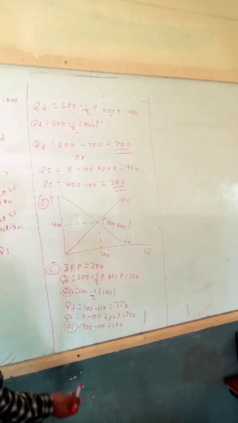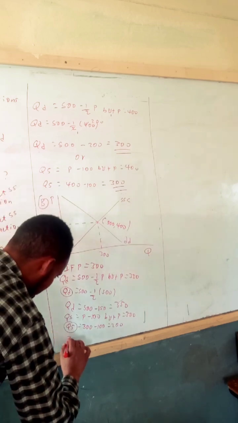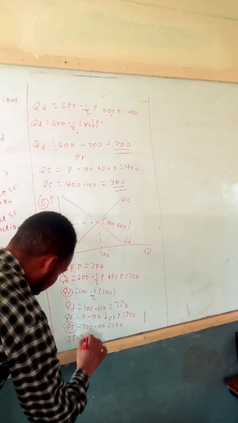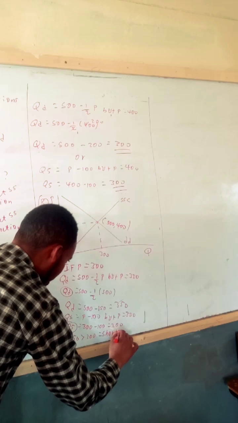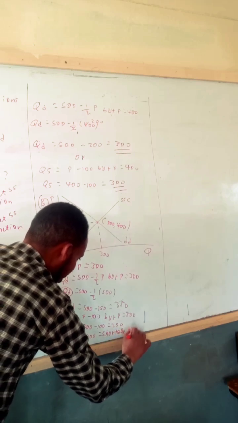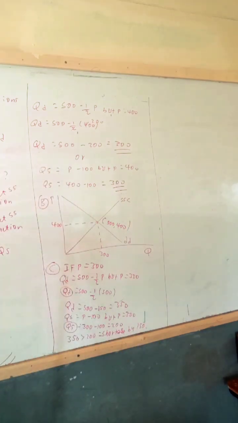But if quantity demand is less than quantity supply, or quantity supply is greater than quantity demand, there is a surplus. Due to this reason, 600 is greater than 150, therefore you can say that it is a surplus, by 450.